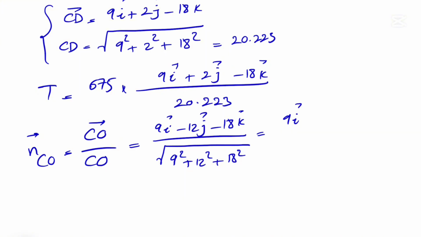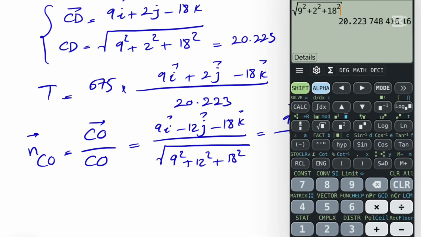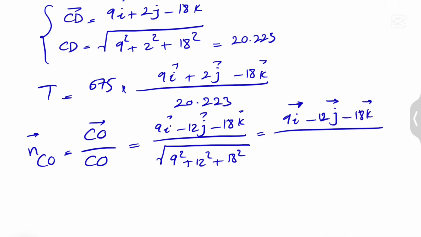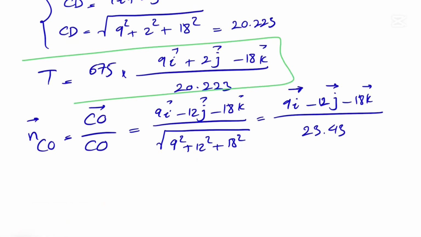So what we're going to have is 9i minus 12j minus 18k over the square root of 9 squared plus 12 squared plus 18 squared, which will be 23.43. So we found our T and we found our nCO.